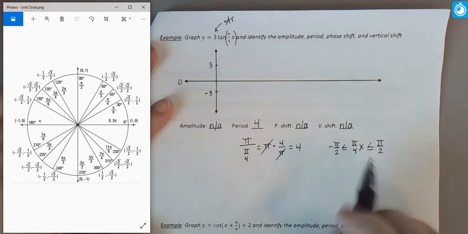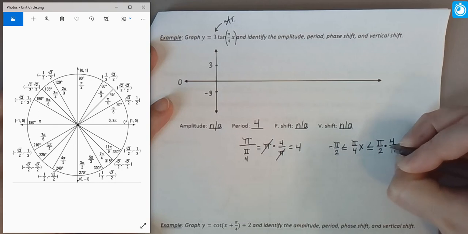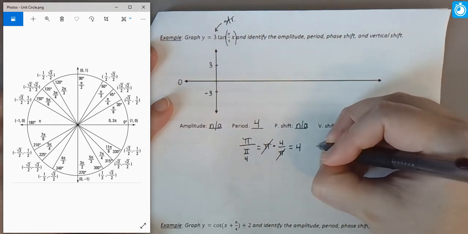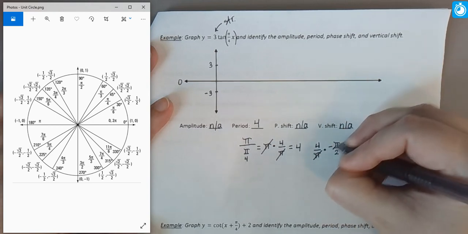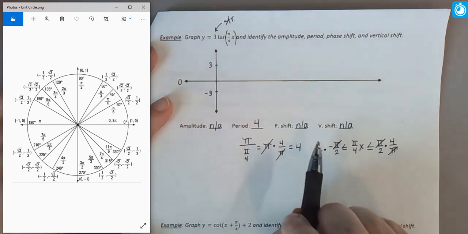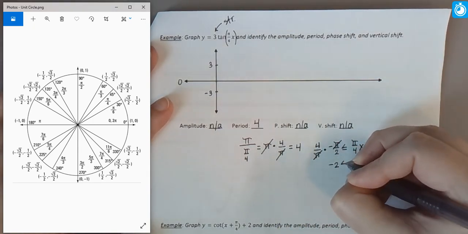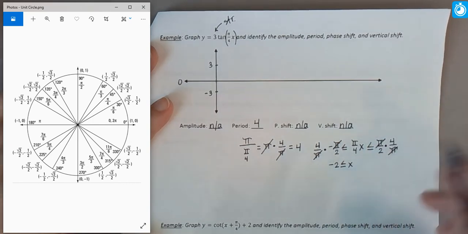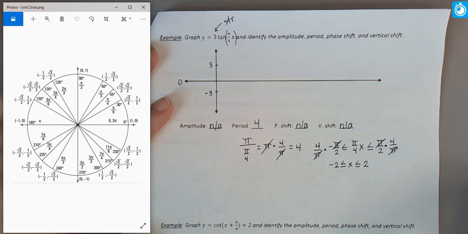So we can divide by pi over 4, or alternatively, we can multiply by 4 over pi, same effect. Okay, so those common pi's are going to cancel out. 4 divided by 2, a negative is going to be negative 2. And then 4 divided by positive 2 is going to be positive 2. So this is going to be our interval from negative 2 to 2.